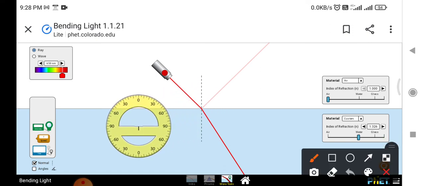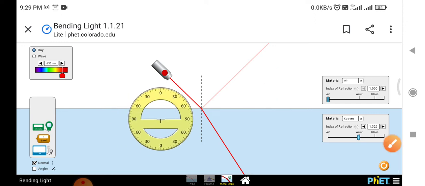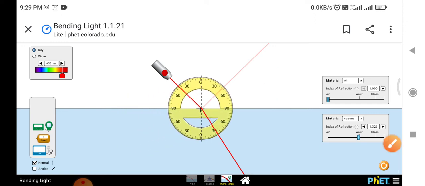See in this protractor, the 0 point here, 30, 60 and 90. The long line represents 10, the short line is 5. So you have to keep this protractor here and see the angle.